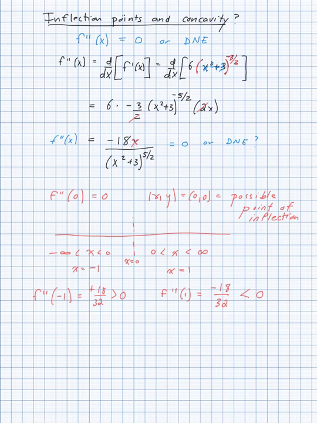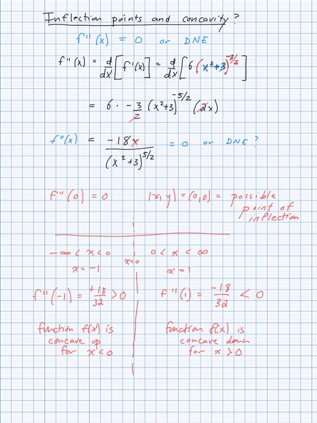So because the second derivative is greater than 0 in that interval, then the function f of x is concave up for x less than 0, and the function f of x is concave down for x values greater than 0.